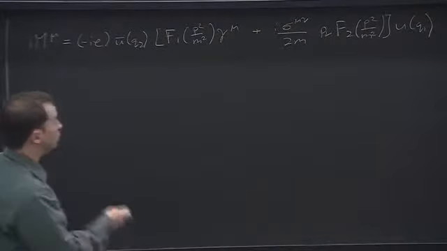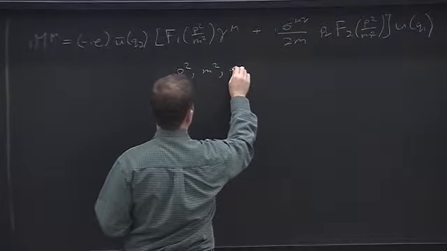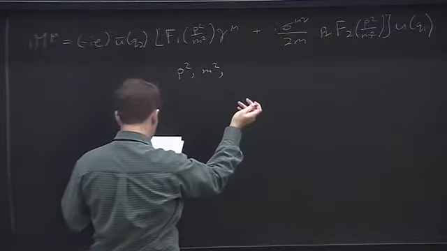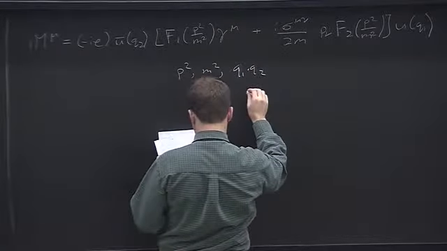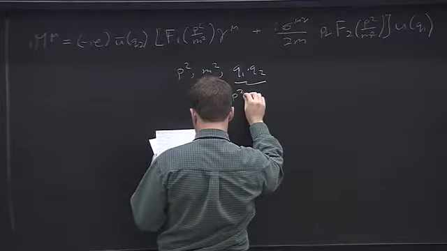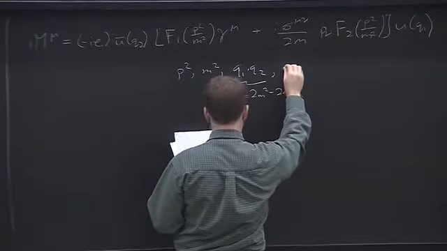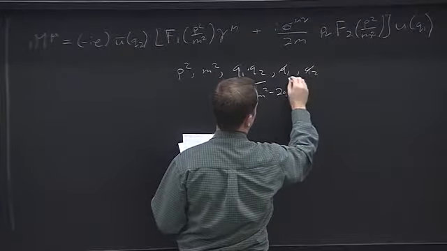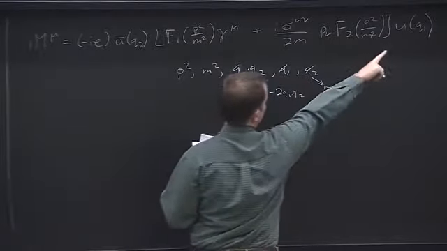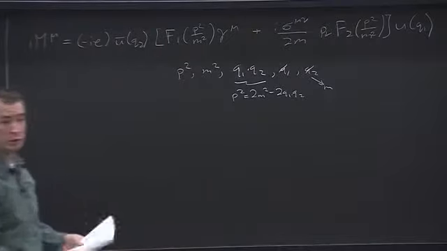The only Lorentz scalars we have available are P squared, M squared, and the Q's squared, which are M squared because they're on shell. We also have Q1 dot Q2, which is related to P squared and M squared, since P squared is 2M squared minus 2 Q1 dot Q2, and Q1-slash and Q2-slash are also related to M by the Dirac equation, because they're sandwiched by on-shell spinors. So these have to be a function only of P squared over M squared.